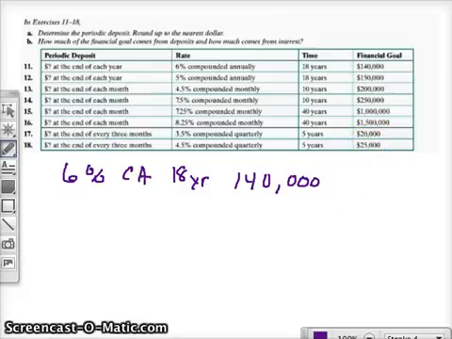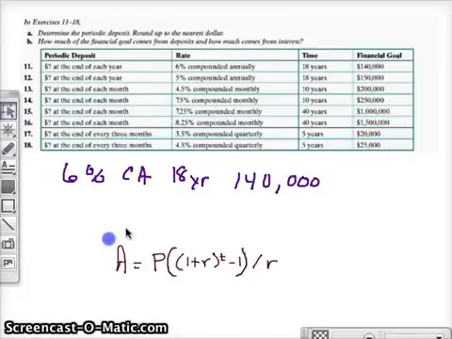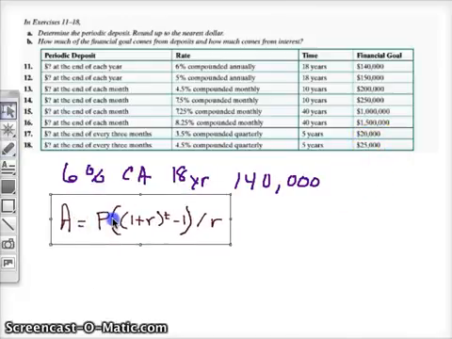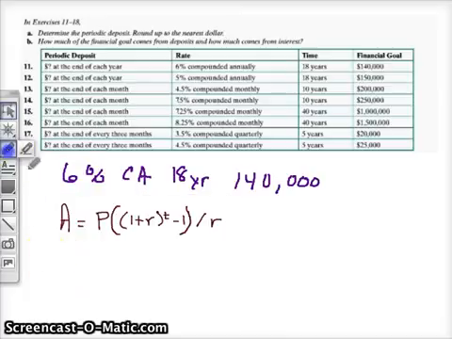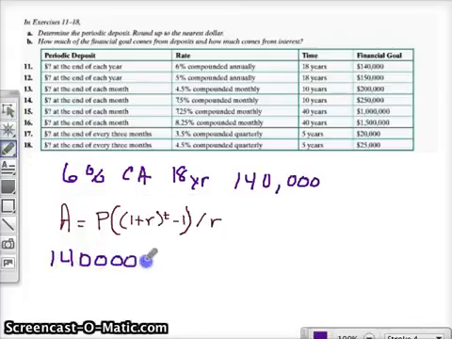Now, we're going to have to use this formula right here. So what we're going to do is put in what we know. A is 140,000. P we don't know, we'll just leave it there. Then I have this.